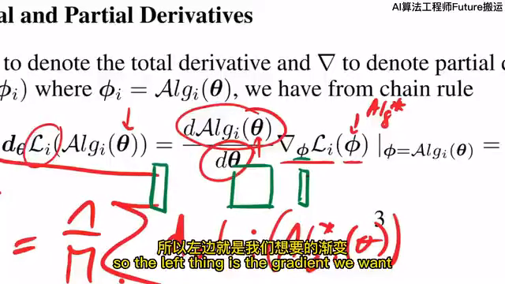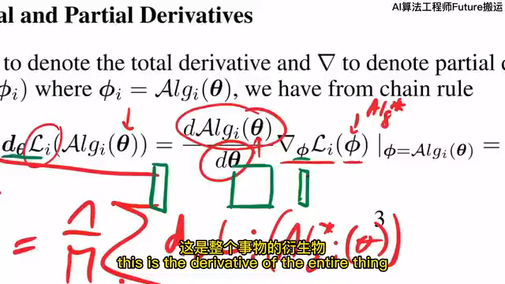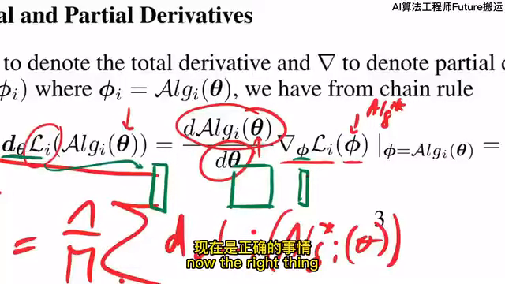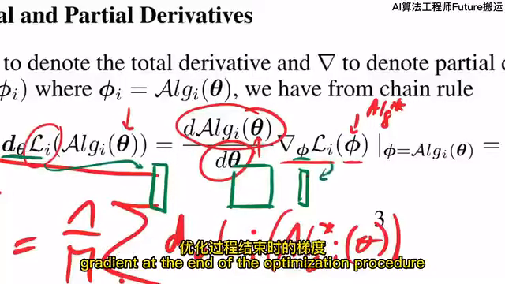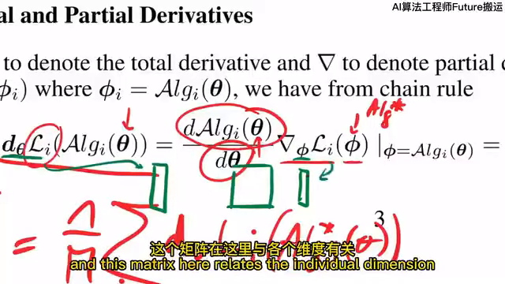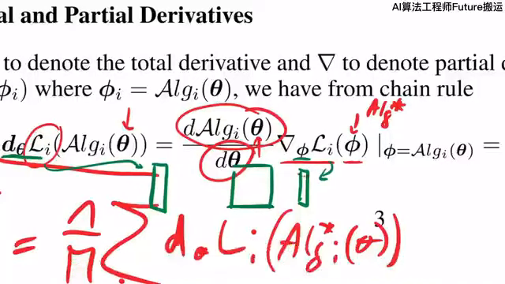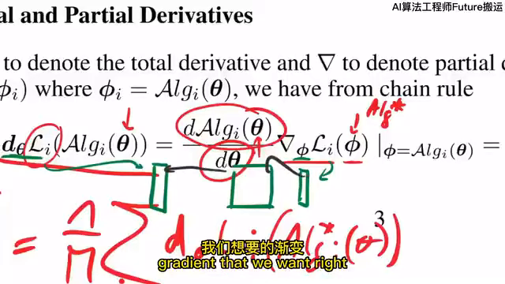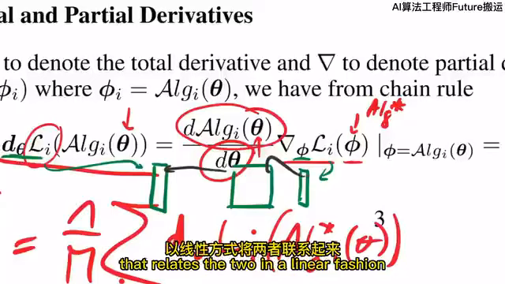So the left thing is the gradient we want. This is the derivative of the entire thing. Now the right thing is the gradient at the end of the optimization procedure. And this matrix here relates the individual dimension of this end gradient to the gradient that we want. This is a matrix that relates the two in a linear fashion.